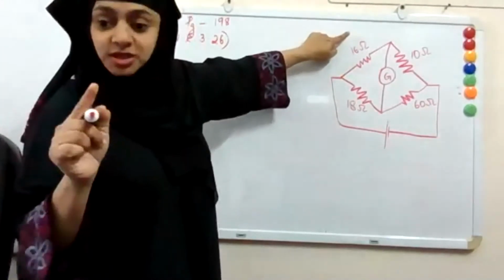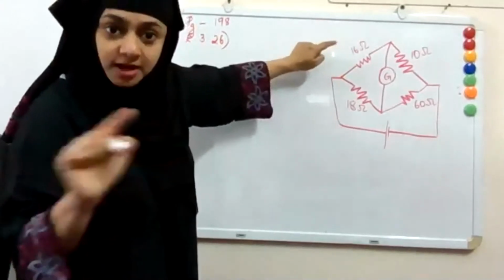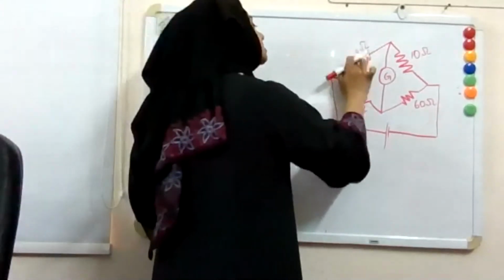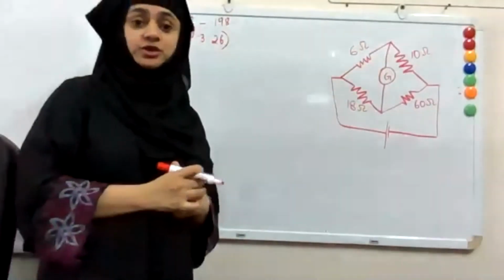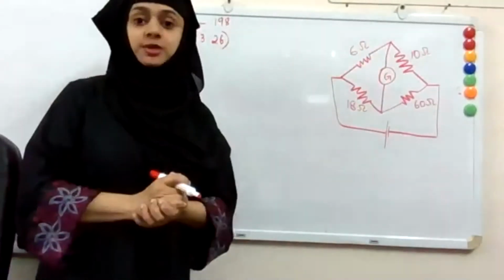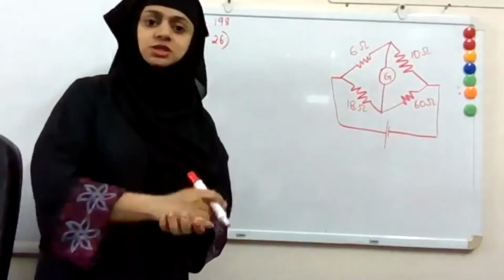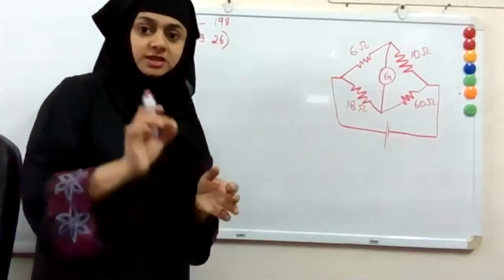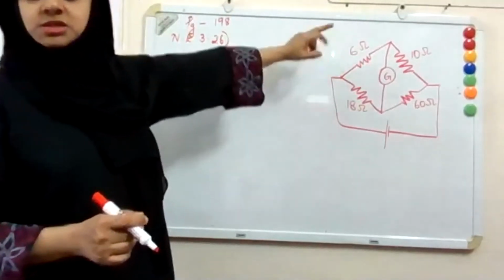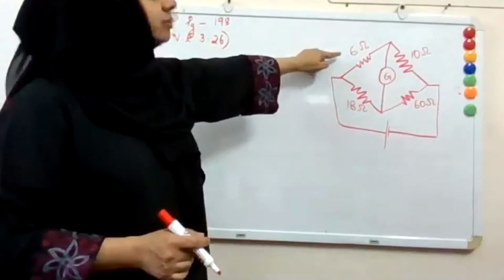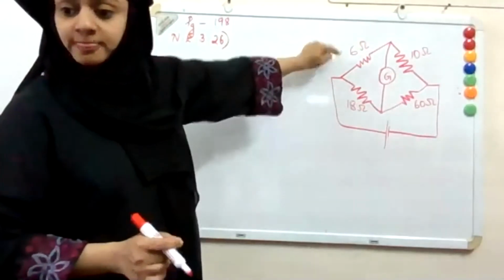So, cut that in the question and change it to 6 ohm. It should be 6 ohm for the calculation to be simpler, and they have used 6 ohm in the solution itself. So make that change in your textbook. The first resistance should not be 16 ohm, it should be 6 ohm.